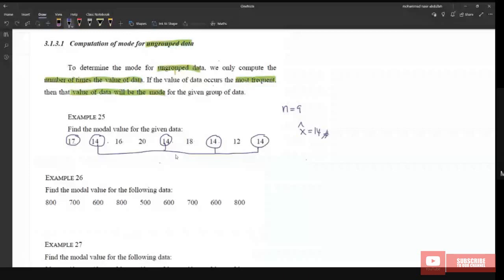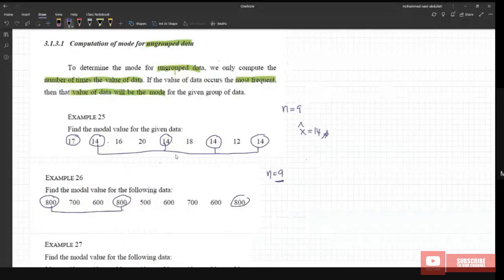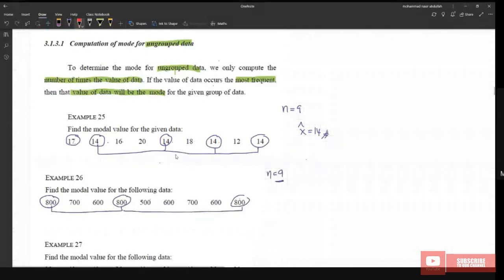Now look at example number 26. We have 1, 2, 3, 4, 5, 6, 7, 8, 9, so again we have 9 data, right? 800 occurs 1, 2, 3, so we have 3 times of 800. And for 600, we have 1, 2, 3, so 600 also appears 3 times. 700 twice, 500 once.